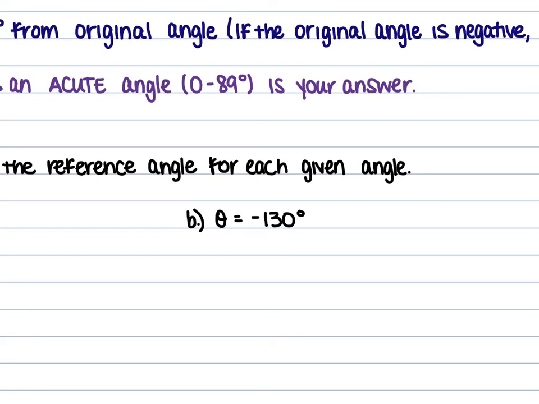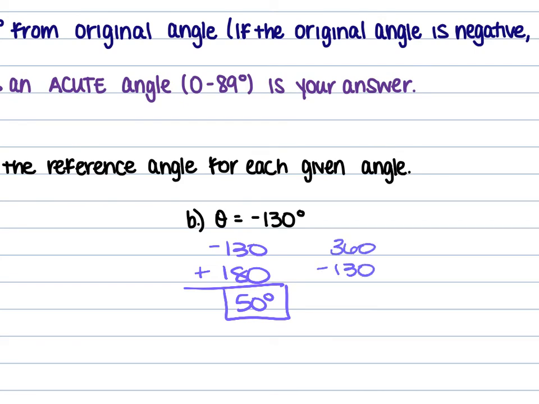So for the negative 130, we can add 180 to it, which means that we're just subtracting 180 minus 130, which is 50 degrees. That is an acute angle, so that's our answer. Again, if we did 360 minus 130, we're getting 0, 3, and 2. 230 is not an acute angle, so that cannot be our answer.